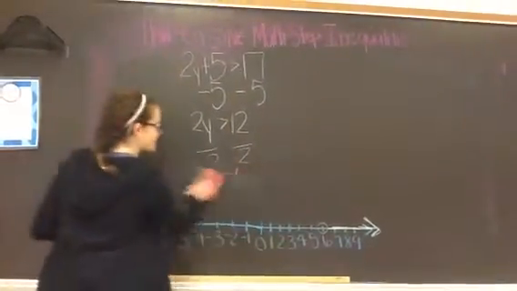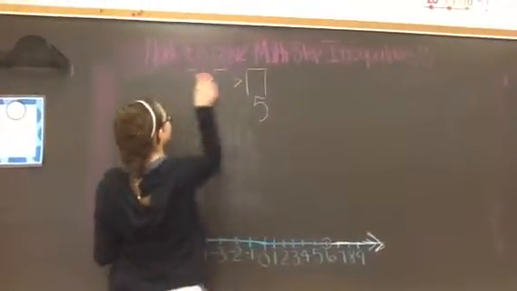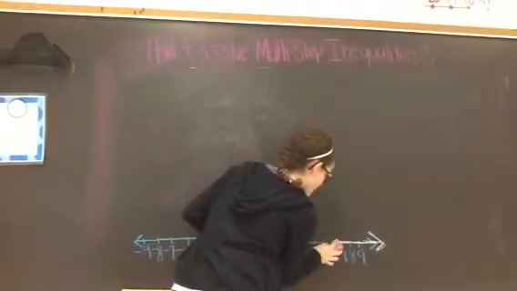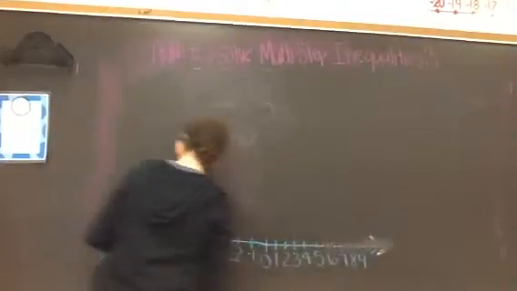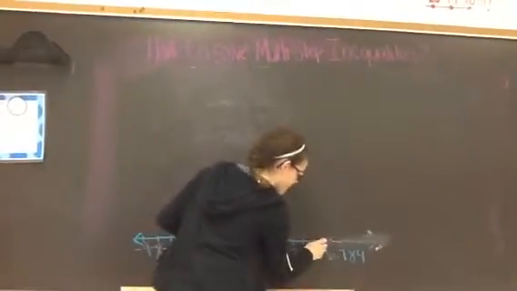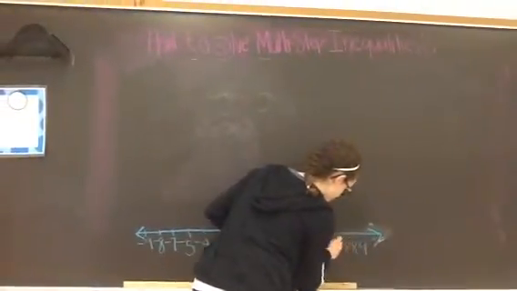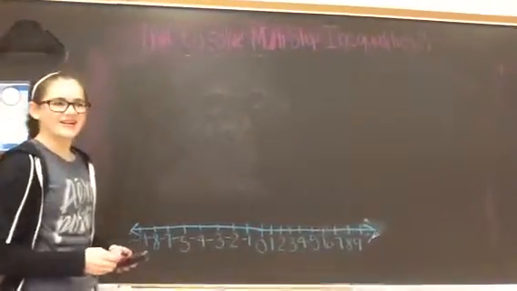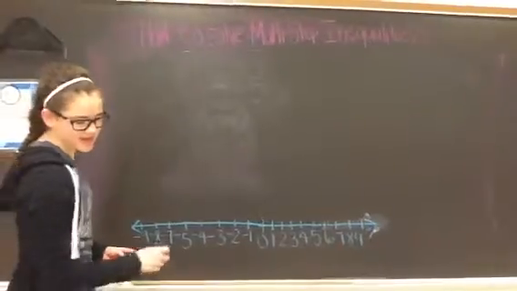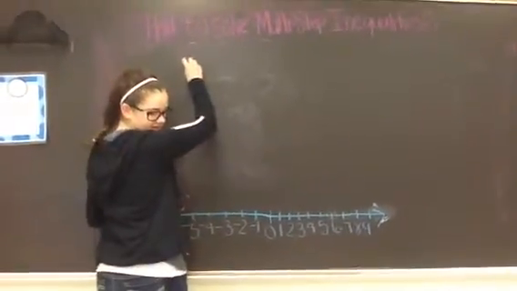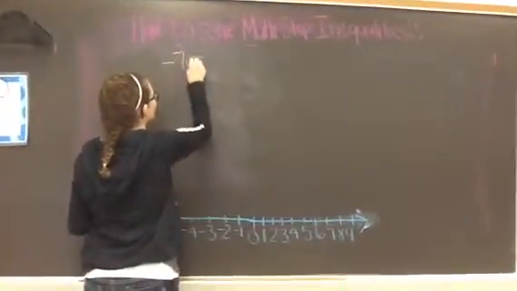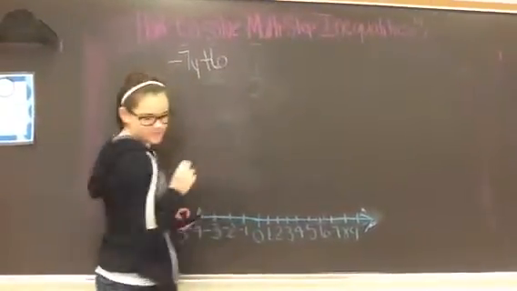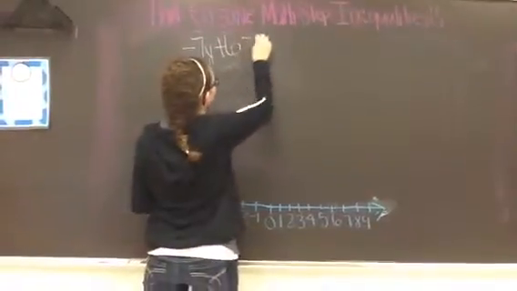Okay, so let me erase this so you can do the next problem. Our next problem is going to be negative 7y plus 6 is greater than 20.